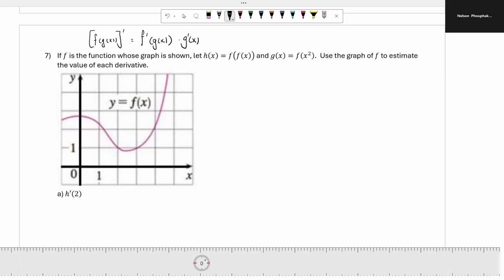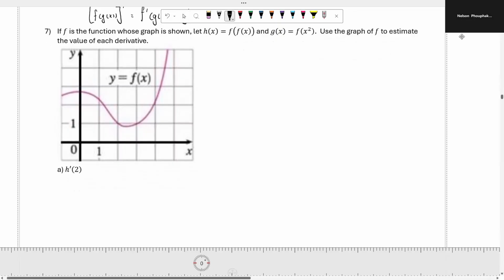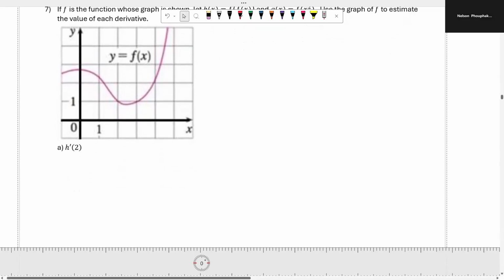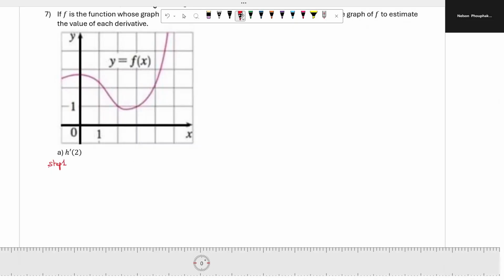Now let's see how we work out the problem here. You know that h of x is f of f of x. If I want to find h prime of 2, we need to follow a step-by-step procedure. First of all, step 1, we need to find h prime of x.